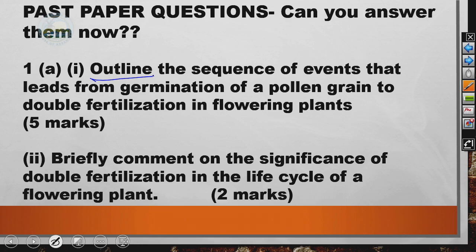Why not single fertilization? Well, if we had single fertilization and the zygote formed, then when the seed is planted with the zygote and there's no food source, the zygote may die.